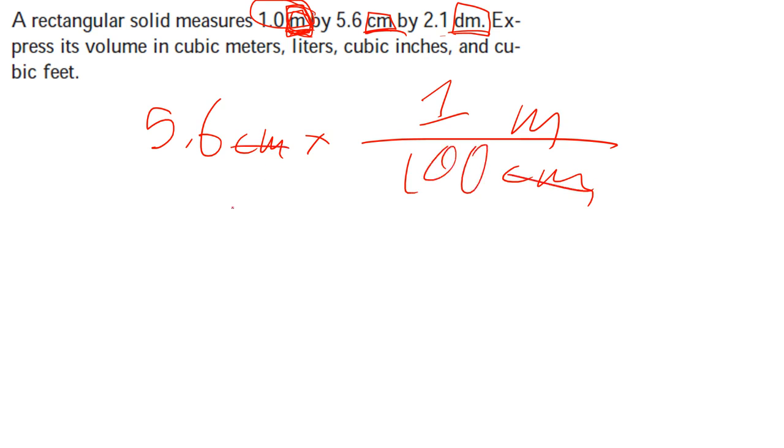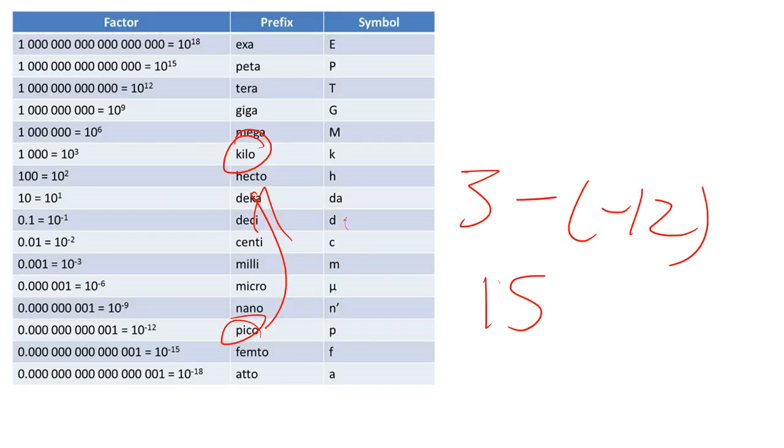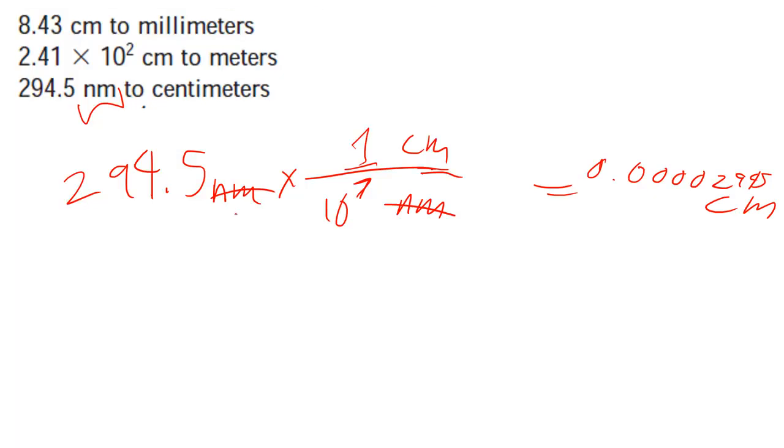Okay, cancel out the centimeters, and you get 5.6 over 100. So 0.056 meters. Okay, so 5.6 centimeters goes to make 0.056 meters. Okay, let's do decameters. My bad, decimeters. Look over here. Decimeter, the symbol is 10 to the negative 1, and we want to convert it from normal meters.